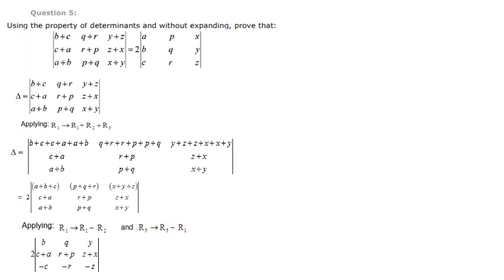So R3 is A plus B, then minus A minus B minus C. So A and B will be cancelled and you will be remaining with minus C. Next, P plus Q minus P minus Q minus R. So P and Q cancel, you will be getting minus R. Next, X plus Y plus Z minus X minus Y, so here you will be getting minus Z balance.